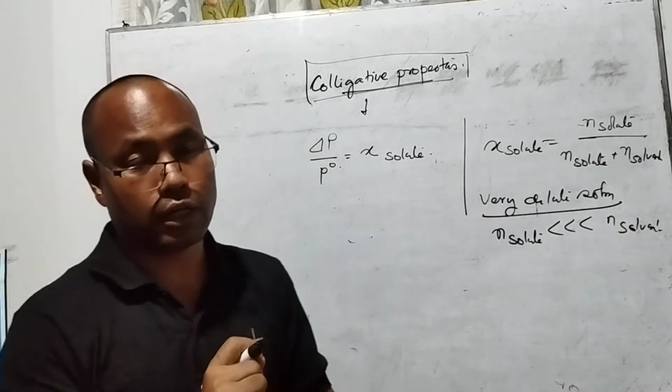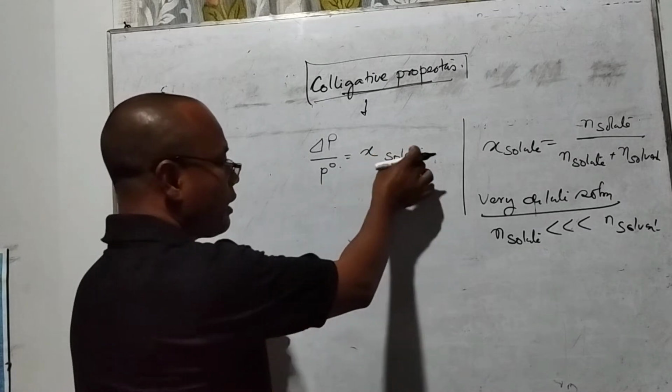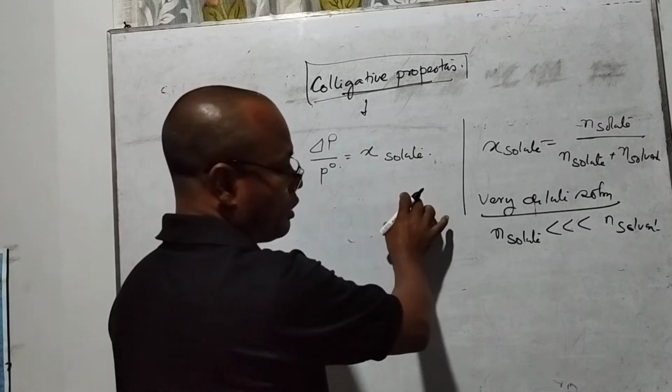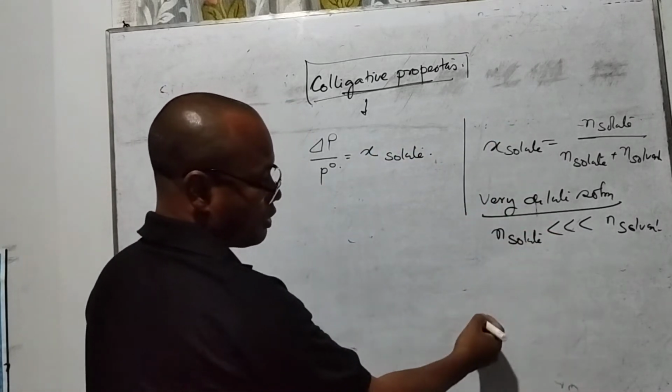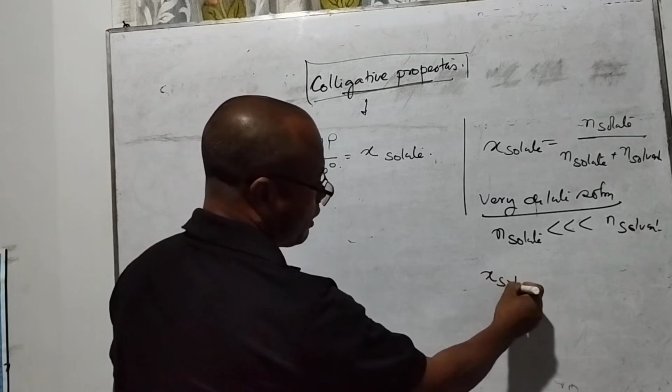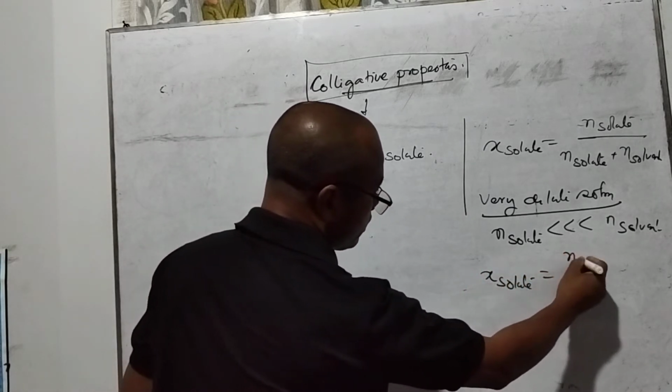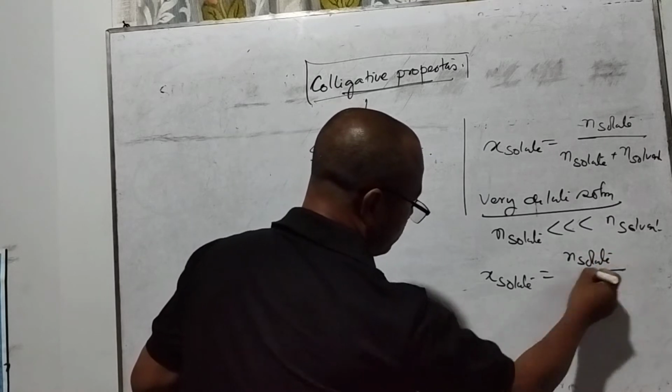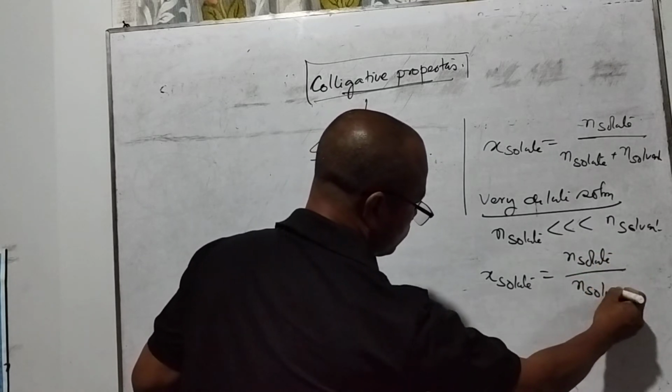So the mole fraction of the solute, X solute, for a dilute solution is the number of moles of the solute divided by the number of moles of the solvent.